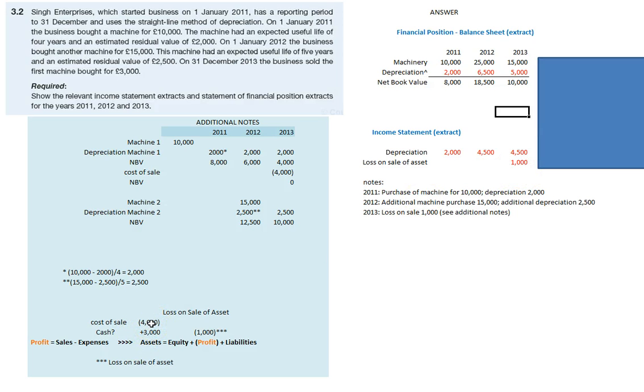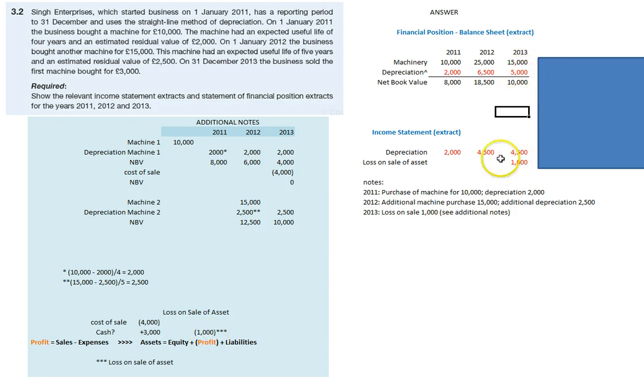That's the remaining 4,000 that we weren't able to write off. We had 10,000 cost, we had 6,000 provision, we had 4,000 left over, so we've had to write that off, take it out of assets, and in return we only got £3,000 cash, and therefore our asset value has reduced by 1,000, and that's reflected in our profit being lower by 1,000.